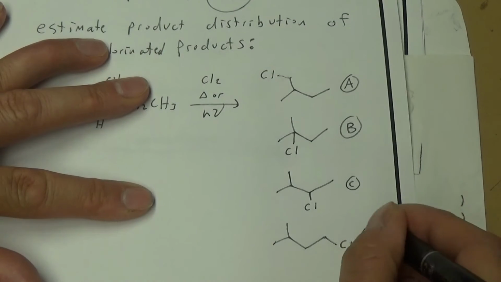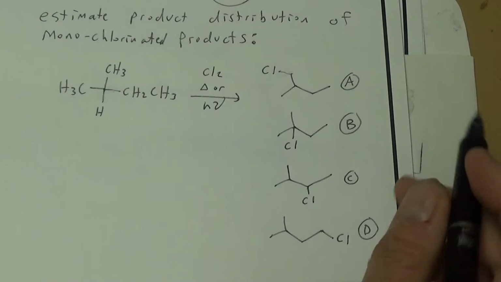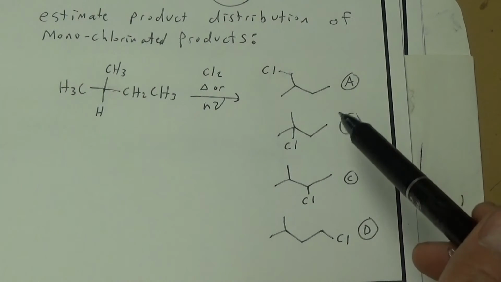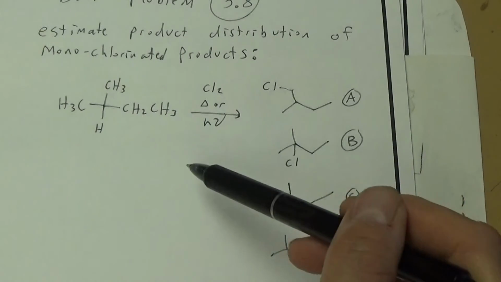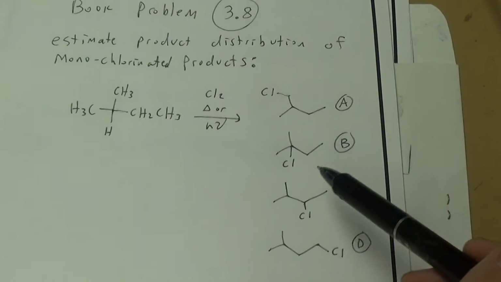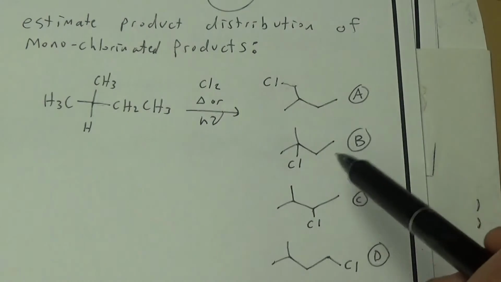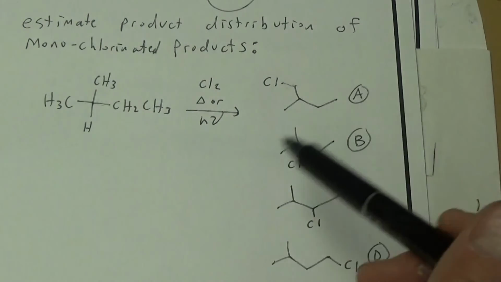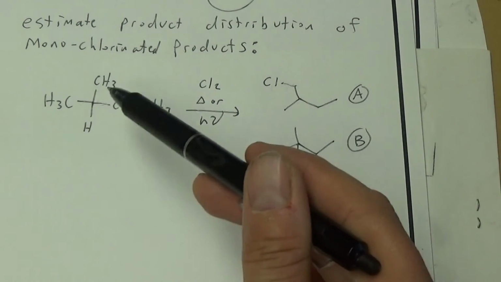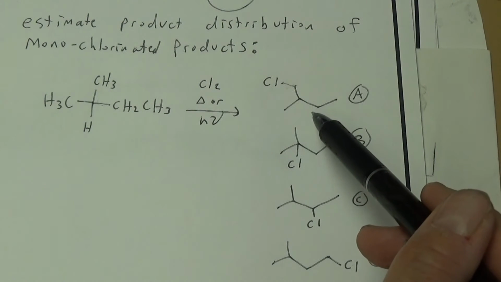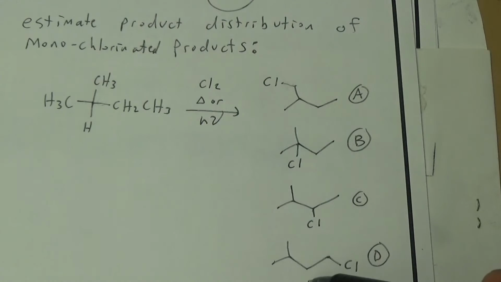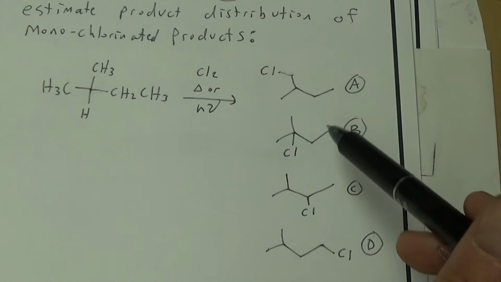That'd be product D. So these are the 4 unique chlorination products, and again, it's nice to be systematic about this, and kind of start at one side and go to the other. If there's symmetry, like these two CH3s are symmetrical, they're going to give rise to a single product. These are 4 unique products, and they also have 4 unique IUPAC names.